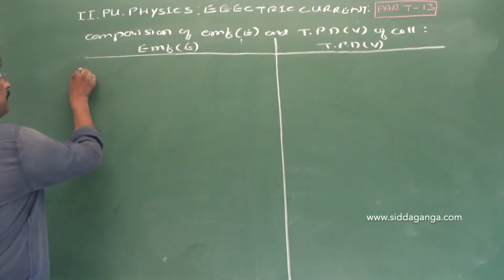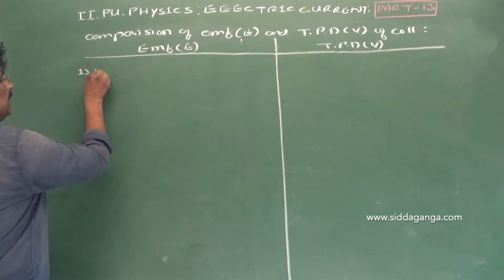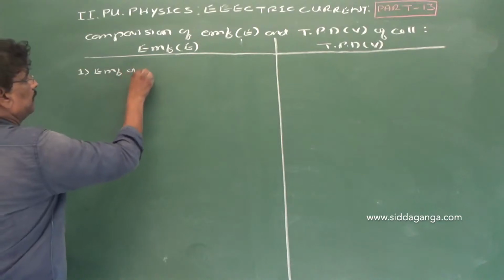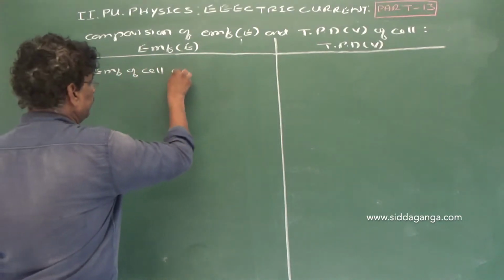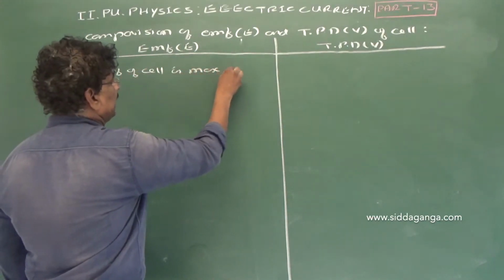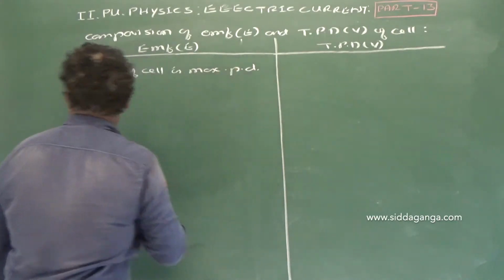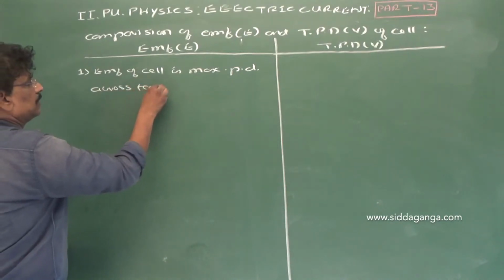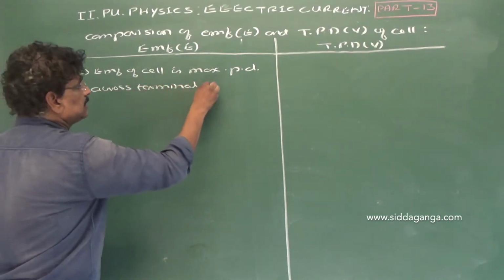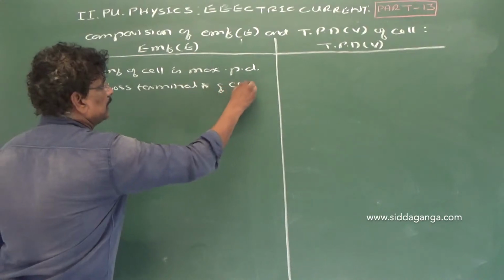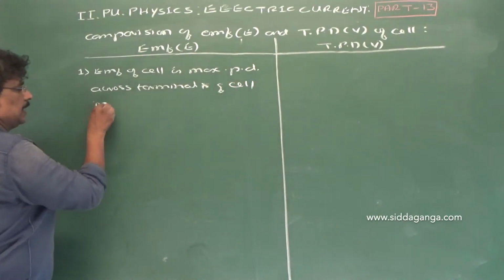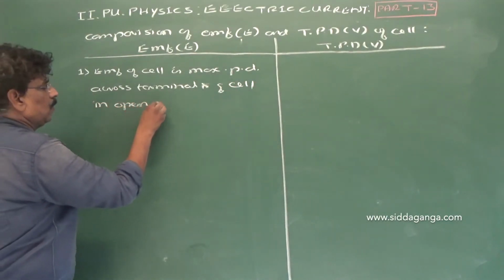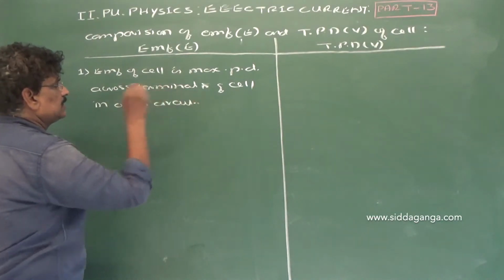So number one, the EMF of a cell is the maximum potential difference across the terminals of the cell in open circuit.